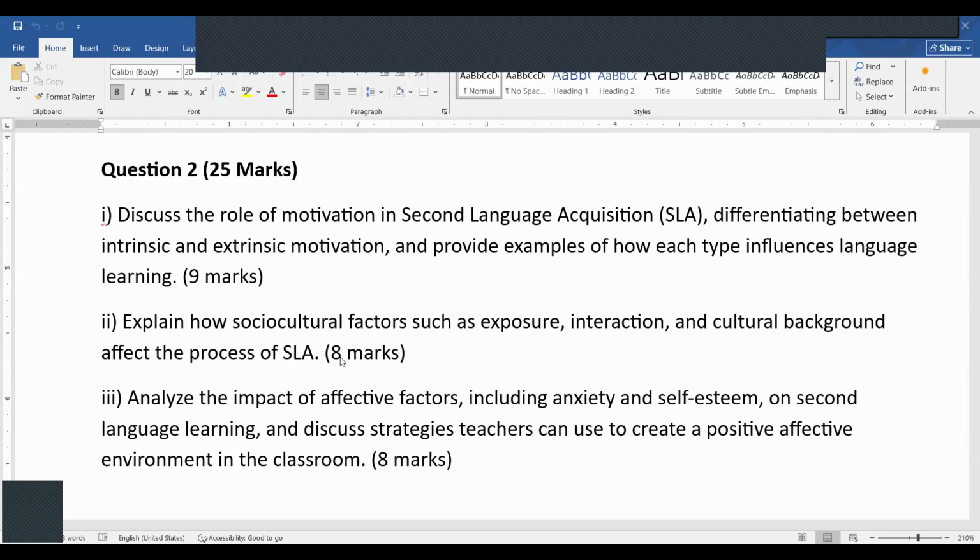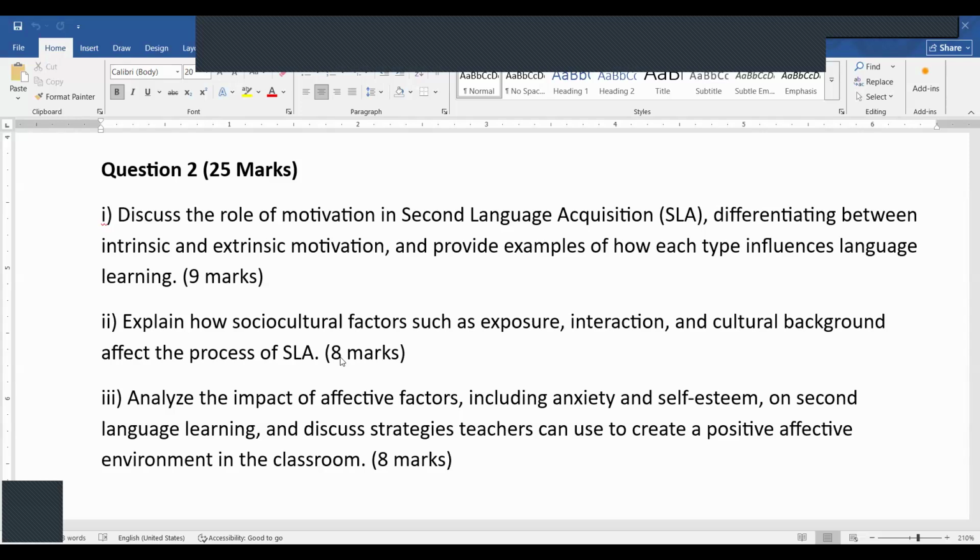I have told something in the lecture, but you can have your own definition of motivation. Because of motivation only, human beings engage in different behaviors. And then you have to tell that motivation is of two types. One is intrinsic motivation, the other one is extrinsic motivation.